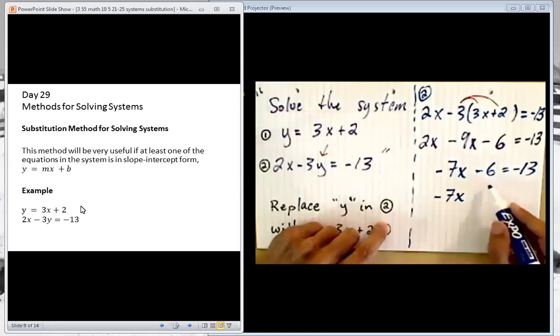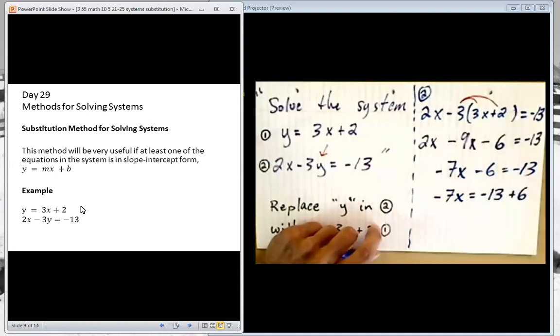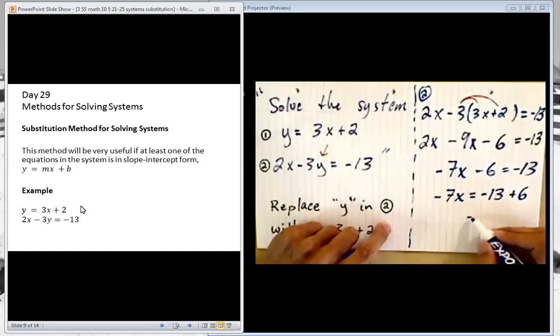The 6, though, if we move it to that side, what happens to it? Plus. Changes sign. Yeah, that's right. Minus 13 plus 6 like that. And the minus 8 is minus 7. So on this side, it's minus 7 still, minus 7x. What do we get for these?